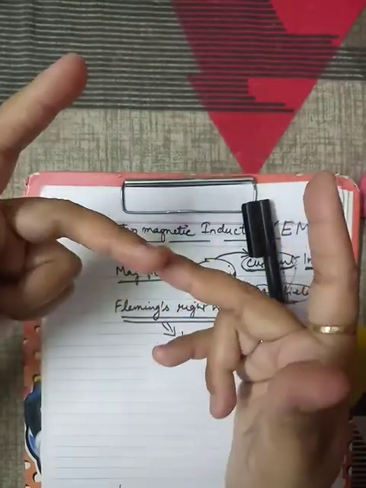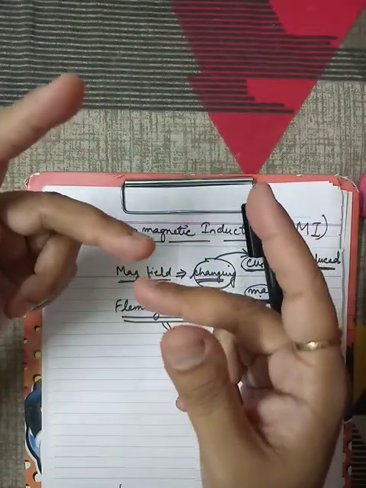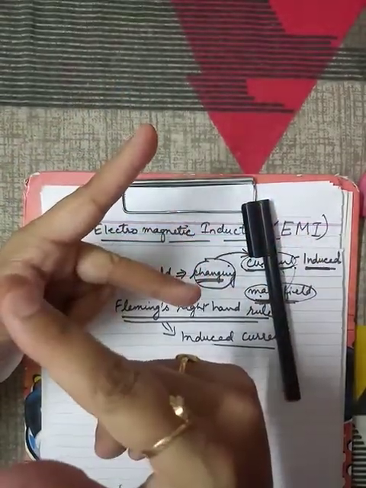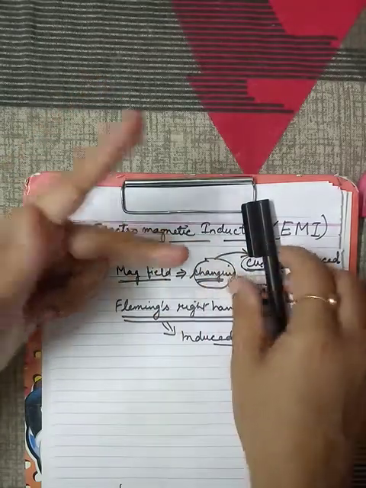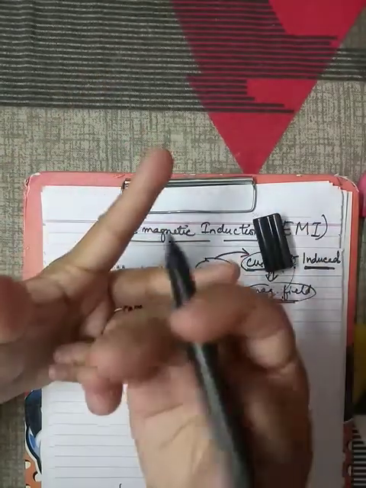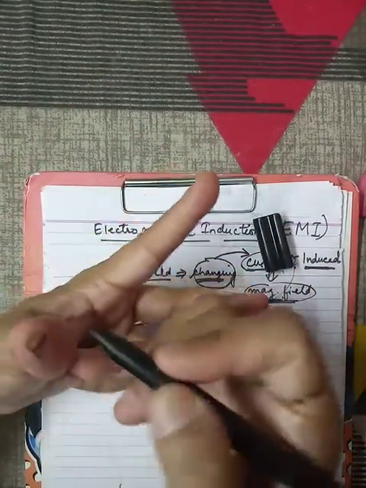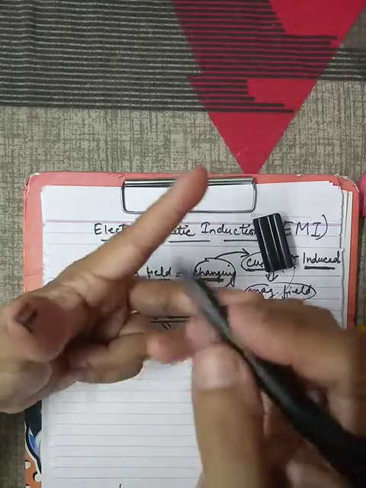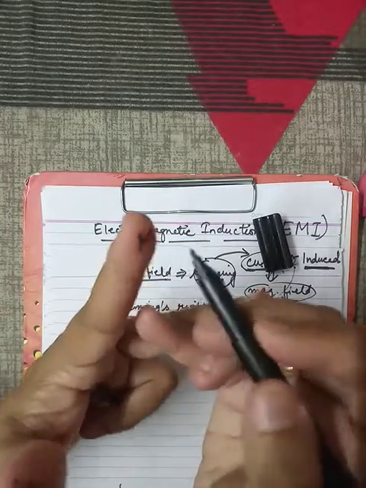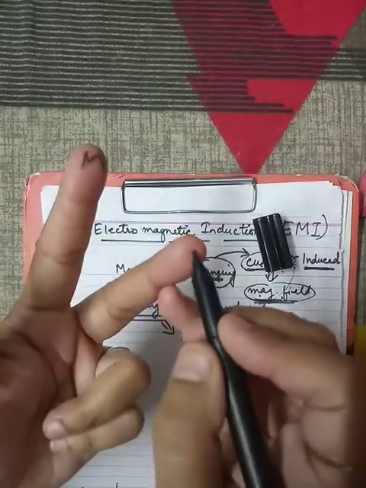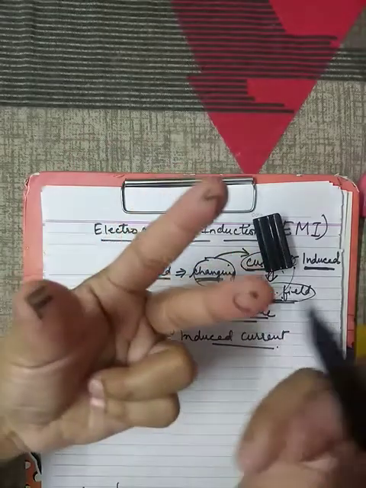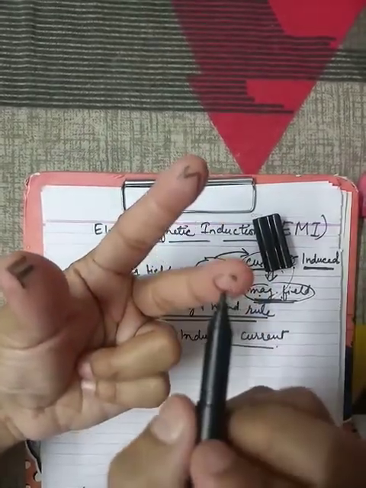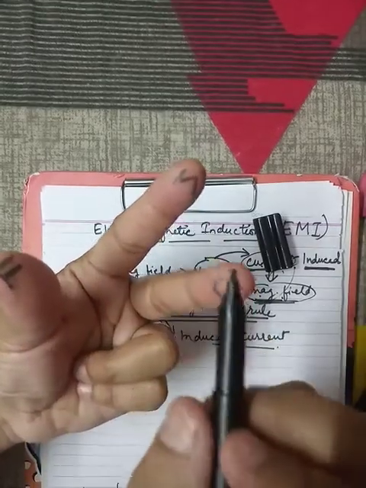Okay, to remember, there is one easy way. This is the force, this is magnetic field, and this is current. So FMC we can write over here. This is F, force, this is magnetic field, and this is current. These three fingers we are using: force, magnetic field, and current. Father, mother, child.